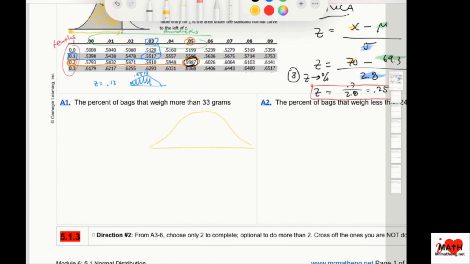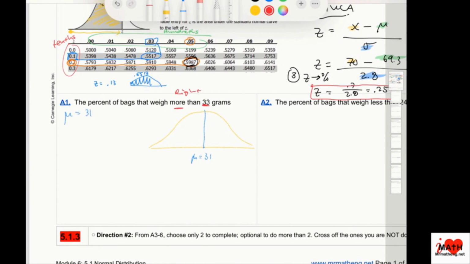And in our picture we have 31 as our mean. And then we're looking for 33. And more than 33 means we're going towards the right.